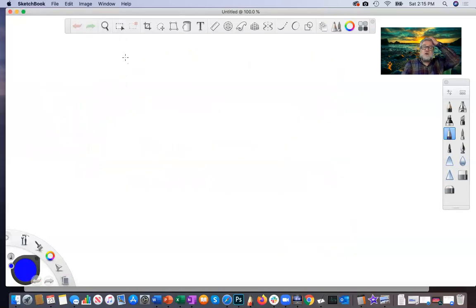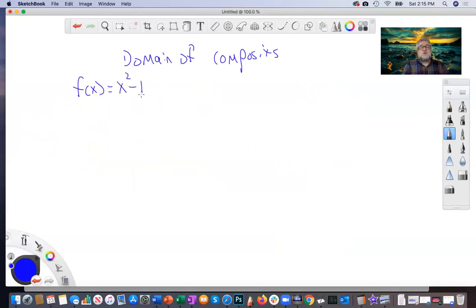Okay, so now let's talk about domain of composite functions. So if I have f of x equals x squared minus 1, are there any restrictions on this? Can we use any value of x? Is the domain all real numbers?